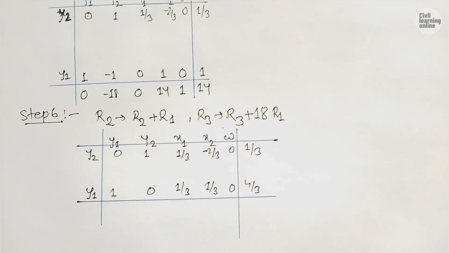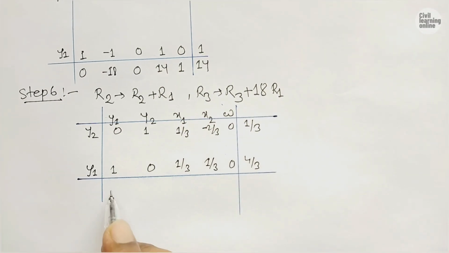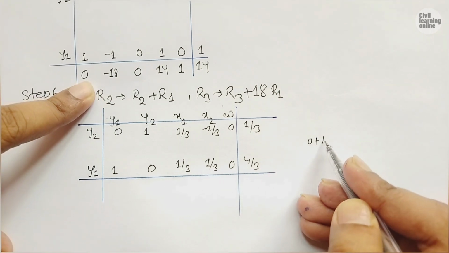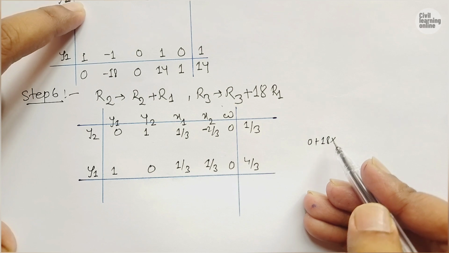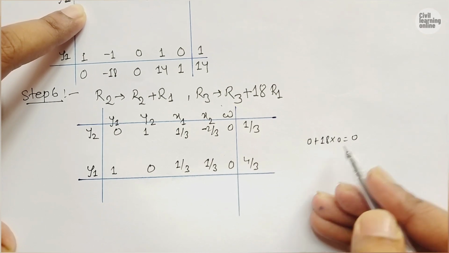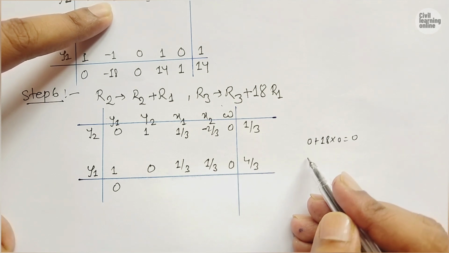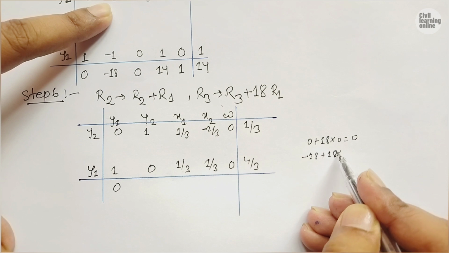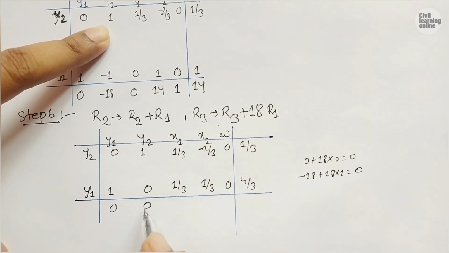Now in order to do the operation on R3, R3 is 0 plus 18 times R1, which is 0, so we get 0. Similarly for R3, minus 18 plus 18 times 1 is 0, so we will get 0 here.